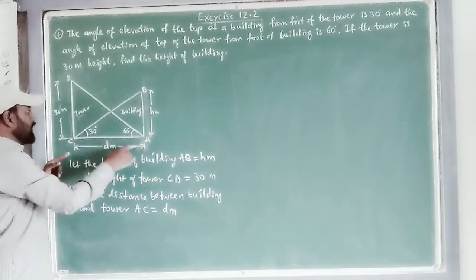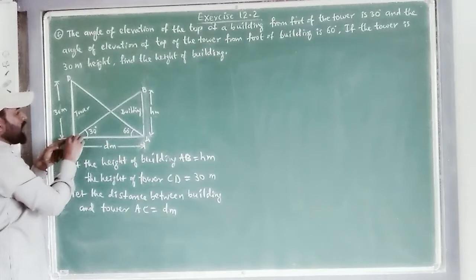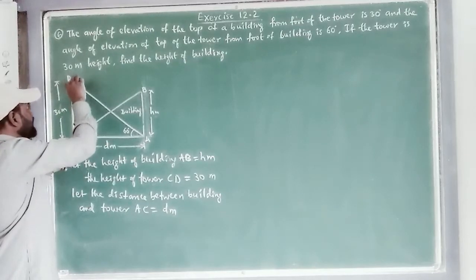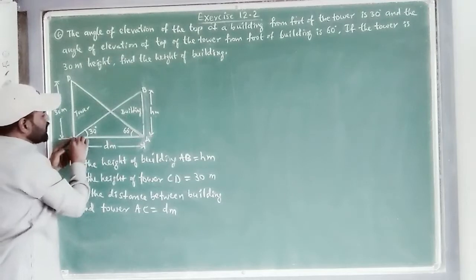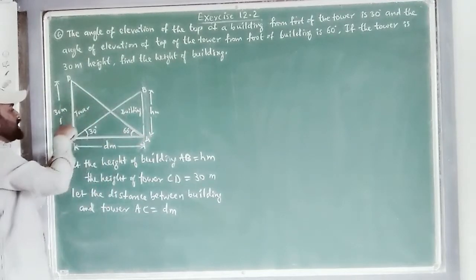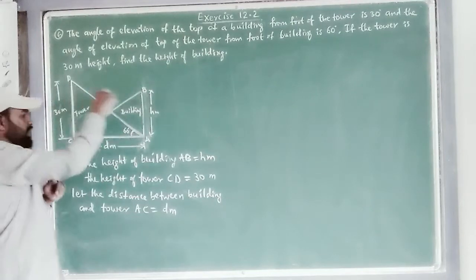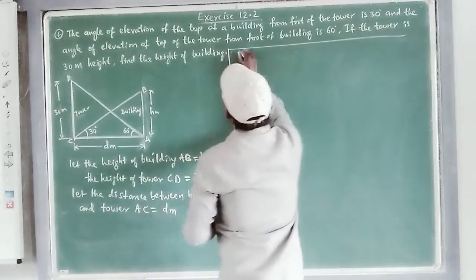To find that, we need to take the help of the height of the tower and the angle of elevation from the foot of the building to the top of the tower, which is 60 degrees. So utilizing this triangle ACD, let us start from the figure.